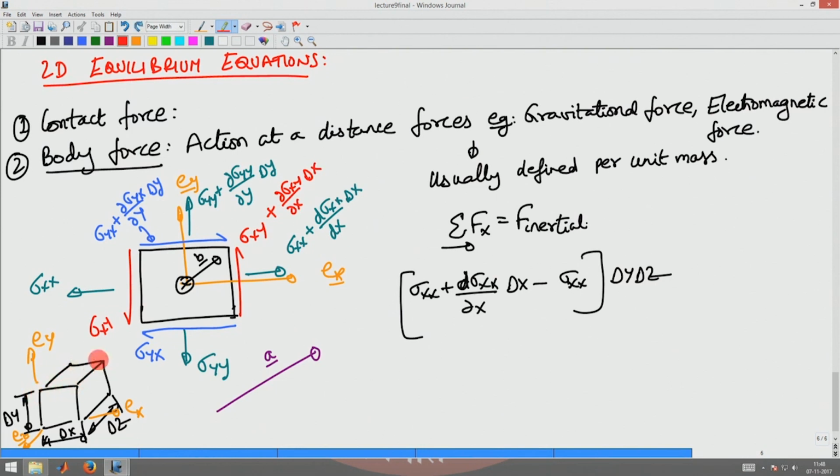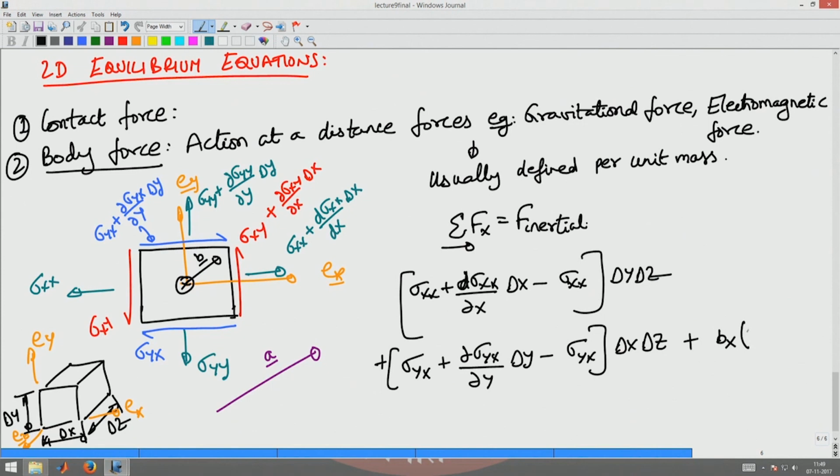So that will give me plus sigma yx plus dou sigma yx by dou y into delta y minus sigma yx into delta x delta z, plus there is a body force rho whose component along x direction would be denoted by rho bx into its mass.